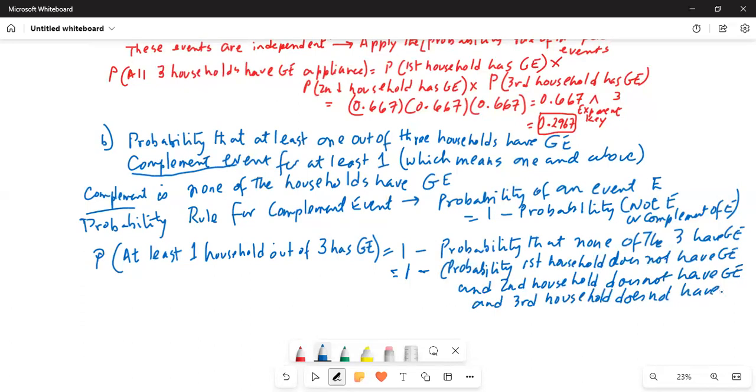So these three events are all independent events.